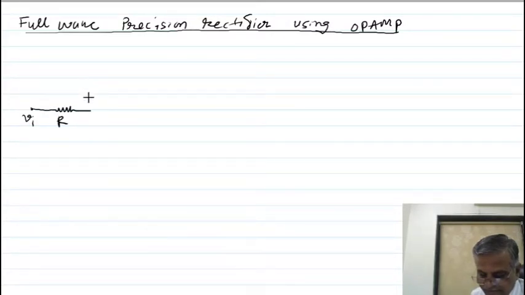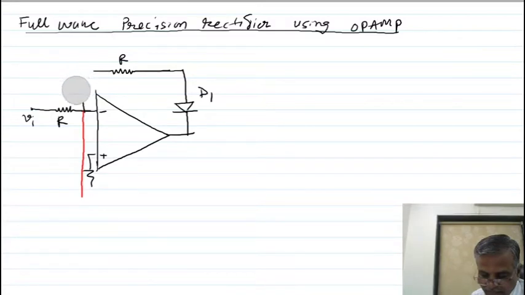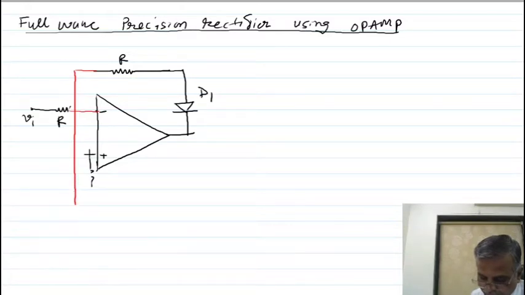This is resistor R. Here I am connecting one diode, say D1. This is your ground.